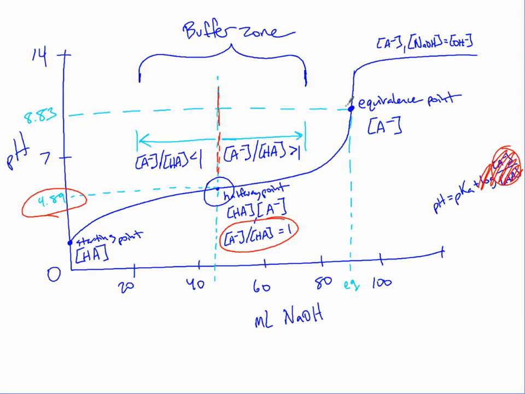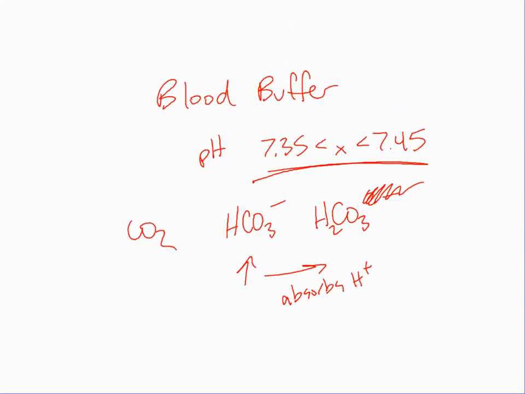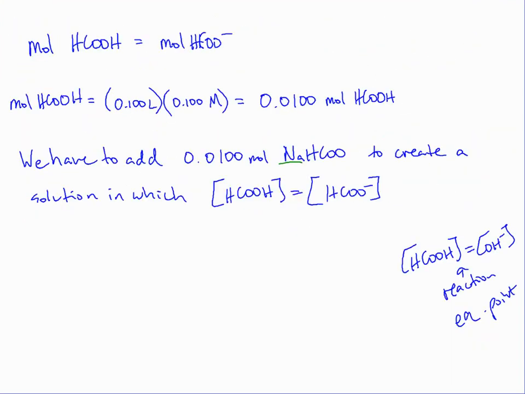When you add the base and they're equal, you would be here. So the first way to create an ideal buffer is to combine equal moles of the weak acid and its conjugate base.